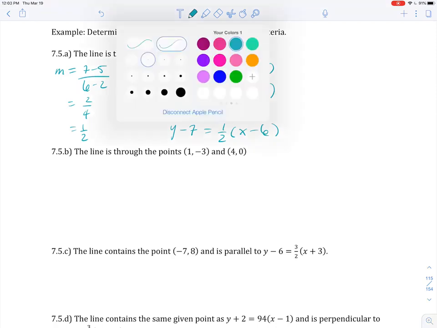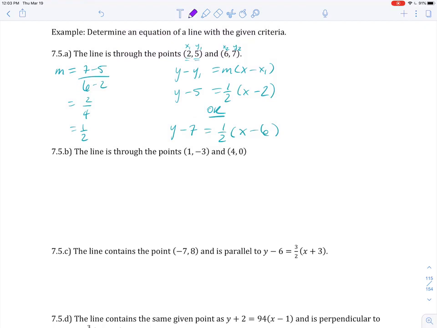Dibs for dibs! All right, this next example here, we're going to follow through just like Mrs. Friesen showed us on the previous example, and we're going to do that in purple today. So, we have to find our slope first, and like what she said, we could have any point represent x1 and y1, and any point represent x2 and y2, as long as we don't mix and match.